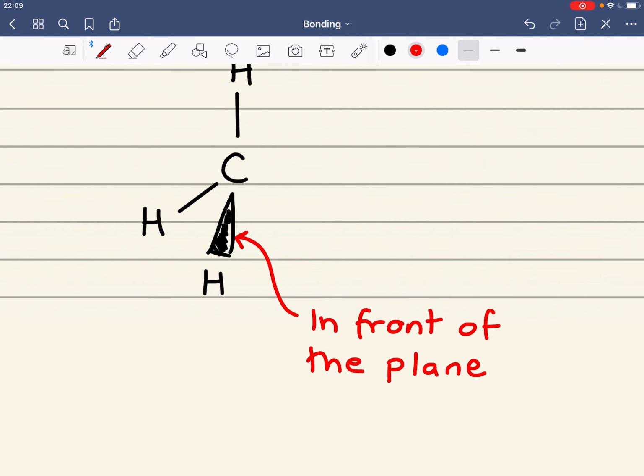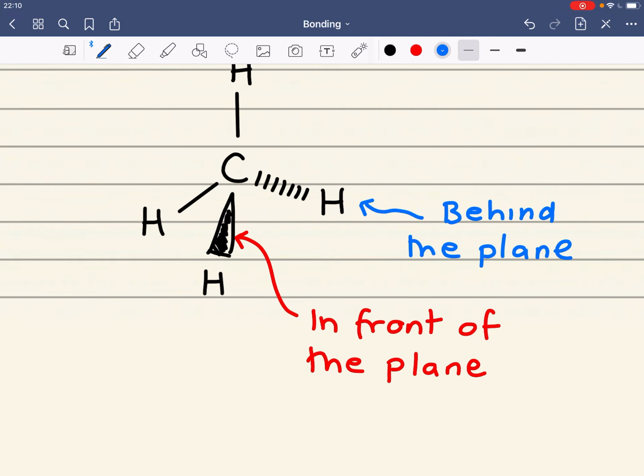What we've got to think of is that this atom is sort of pointing out towards me, out through the screen. We also have one of the bonds going what we call behind the plane, and that's represented by a dashed bond. So we'd say this is then behind the plane. So we can imagine that bond is sort of going back behind the screen there.